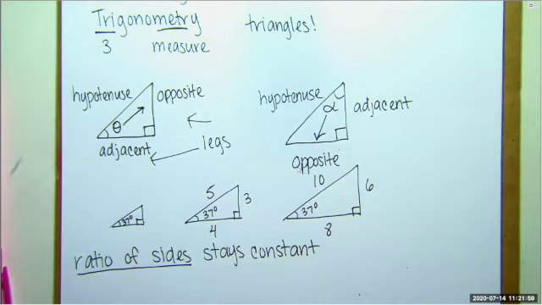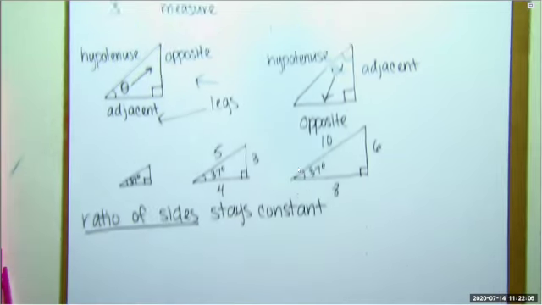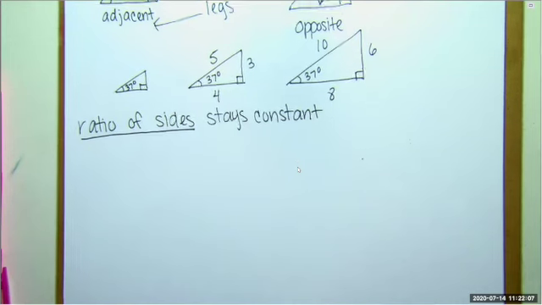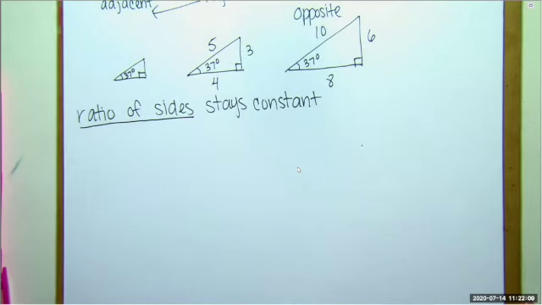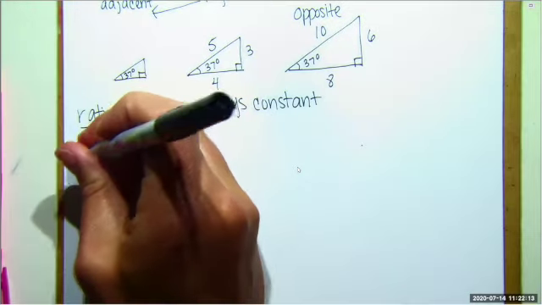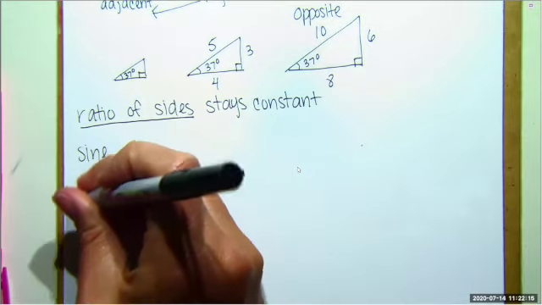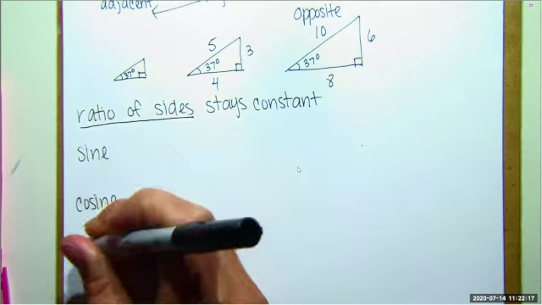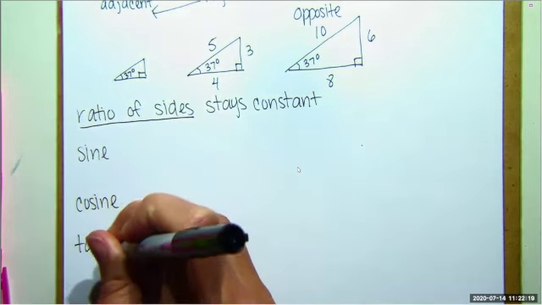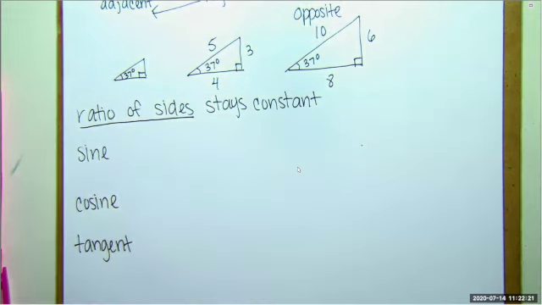Okay, so all of trigonometry is based on ratios of sides of a triangle. We have 3 basic ratios that we care about the most. They are called sine, cosine, and tangent.